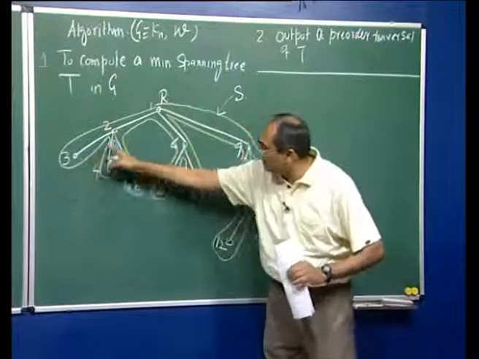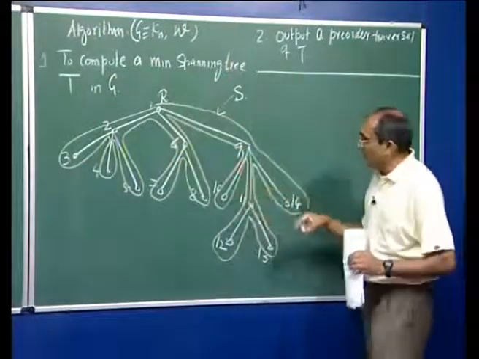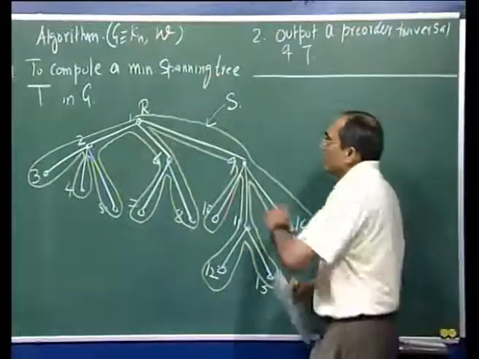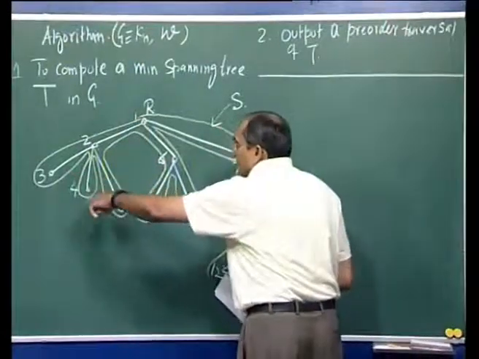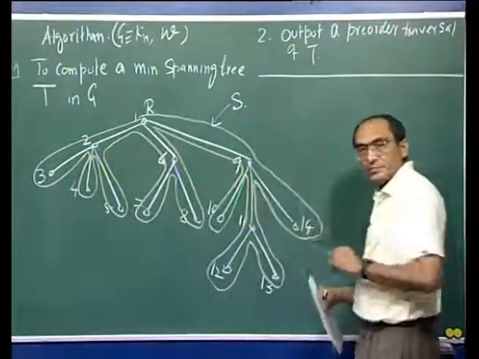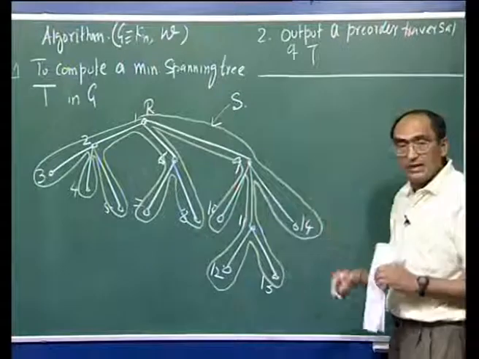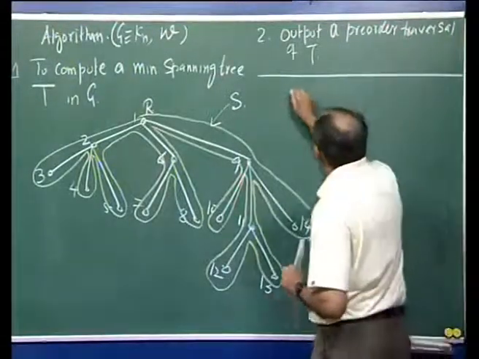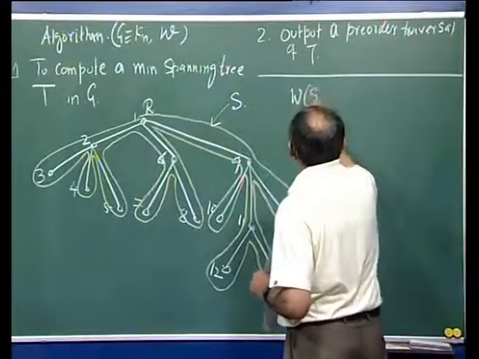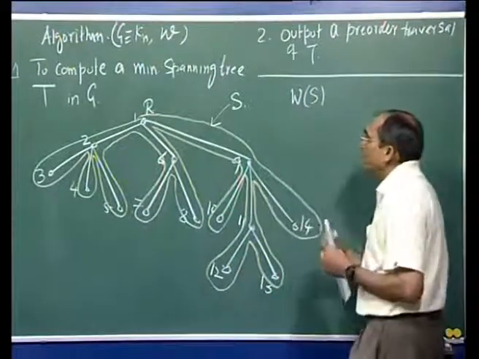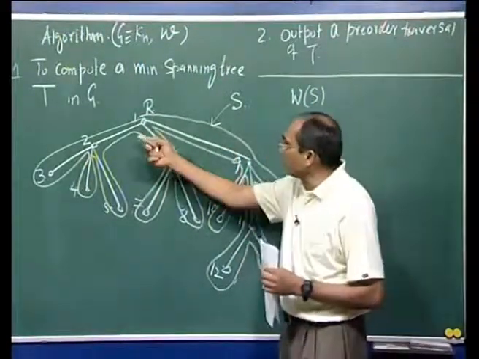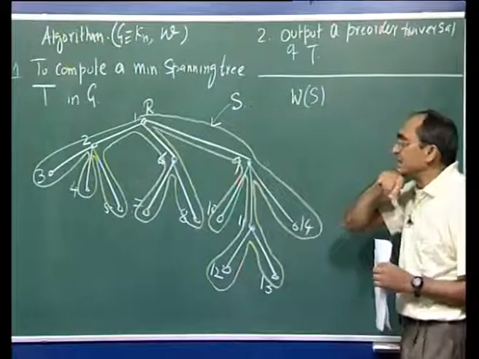We have covered this tree by a closed walk and we are calling it S. Then what is the weight of S? The weight of S is the sum total of the weights of its edges.